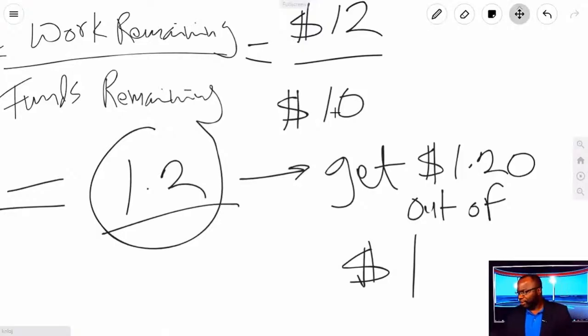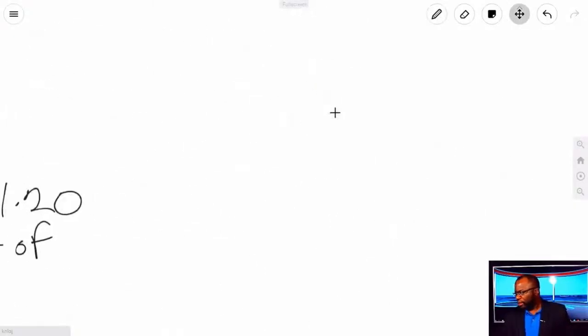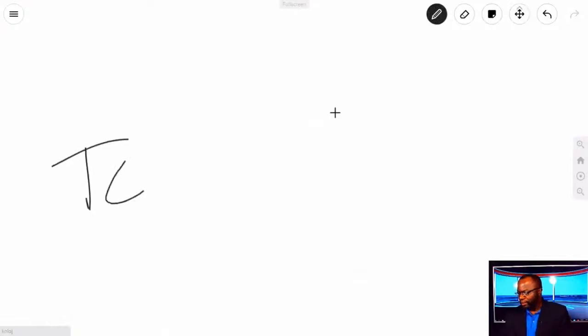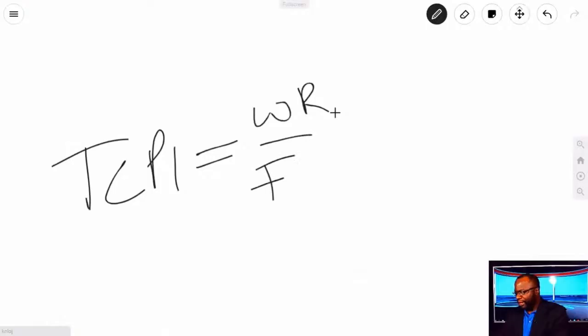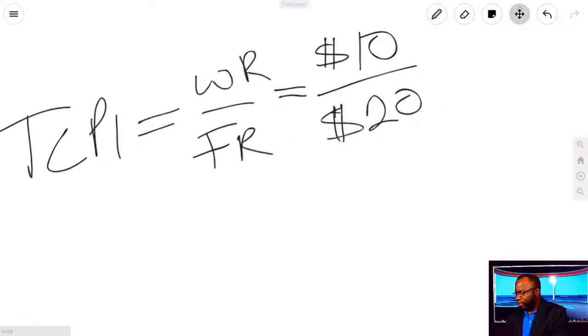Now, if you think about this, what happens if your TCPI, work remaining divided by funds remaining, has the tables turned, and let's say you have $10 work remaining, and you have $20 of funds remaining?